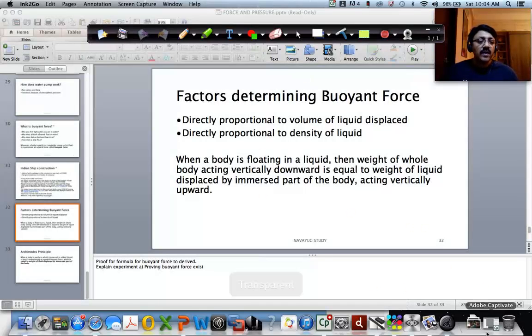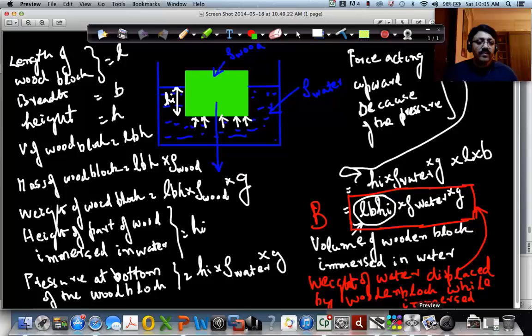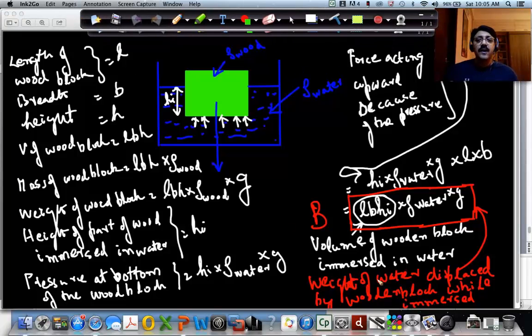Before we start with the presentation, I wanted to go through the discussion we had on the derivation of Archimedes principle, or the derivation of the buoyant force. I would always advise students to go to the derivation and understand it, because that gives the concept.